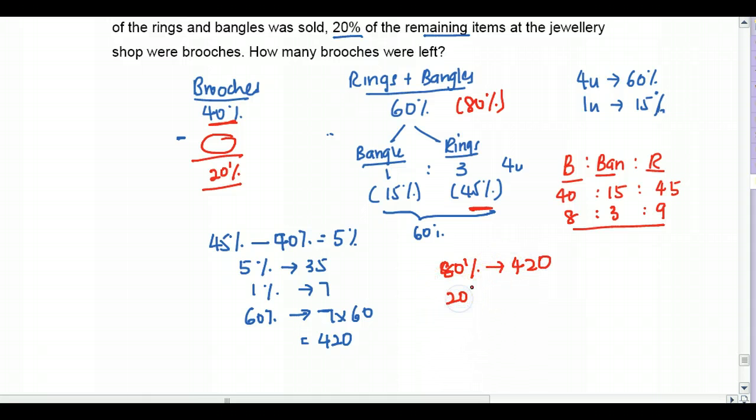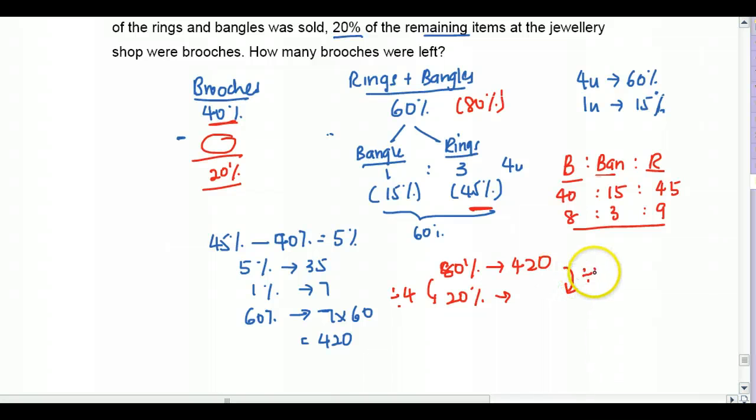Therefore, 20% will be 420 divided by 80 times 20, or I just simply divide by 4. 80 divided by 4 will give me 20, right?